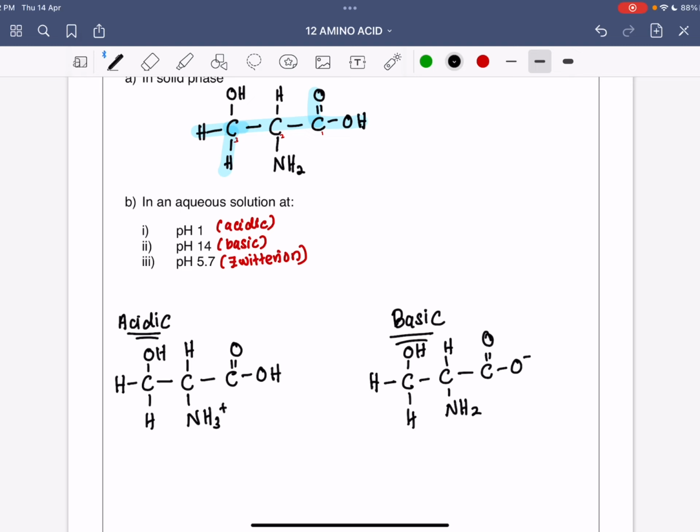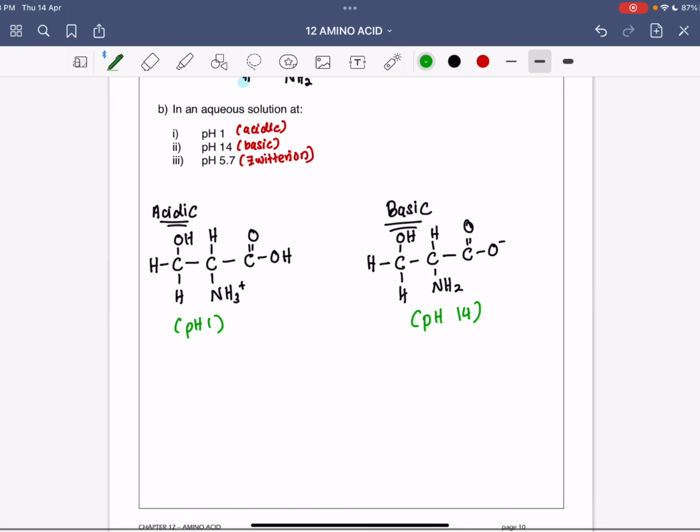Because the H+ will go out and react with OH minus. So that is basic. You can label this pH 1, and this one pH 14.